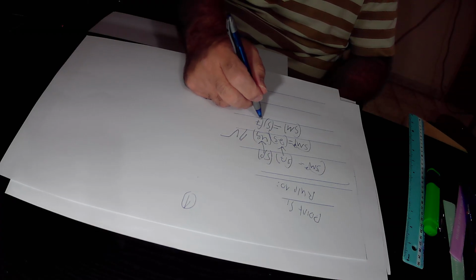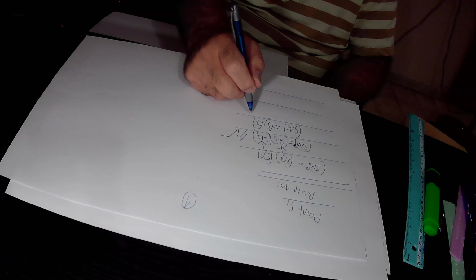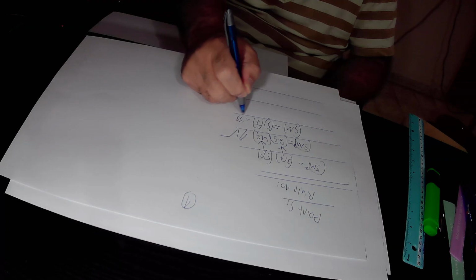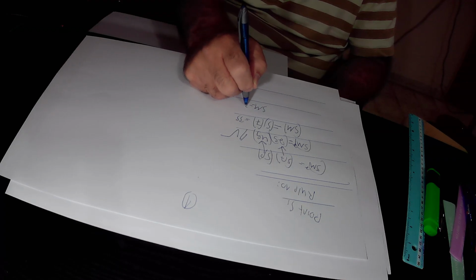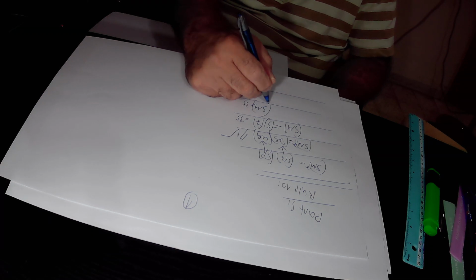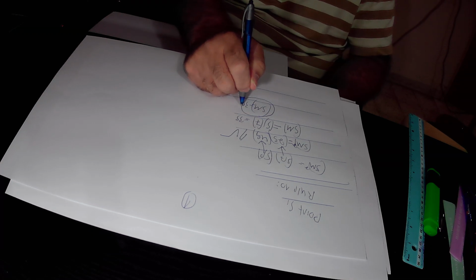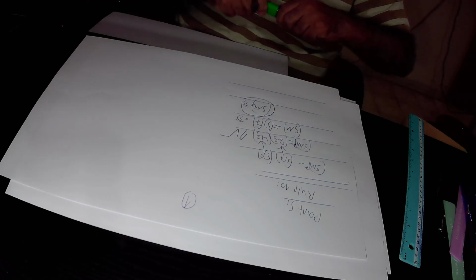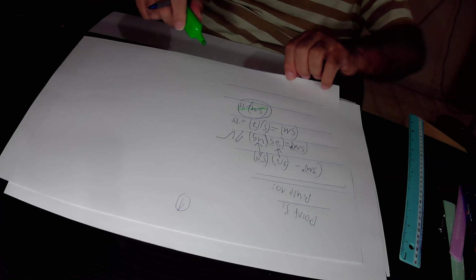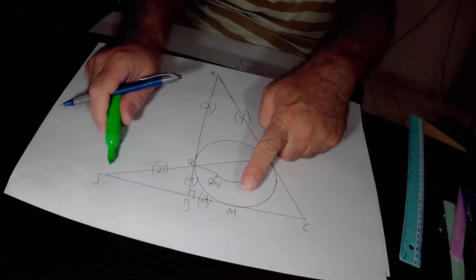So in total, we found that SM equals 5 times 7, that is 35. SM equals 35 units in length. So the length of this tangent SM is 35 units.